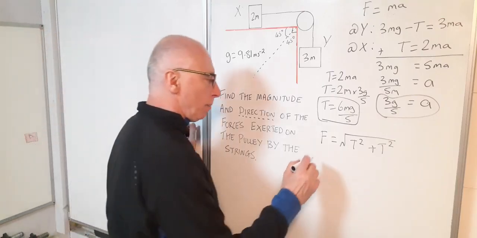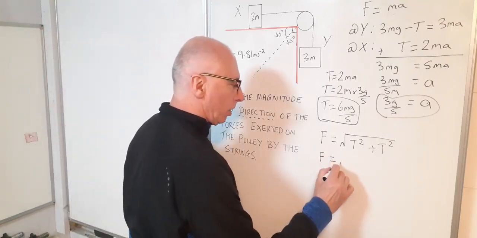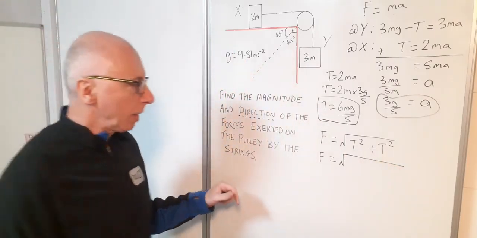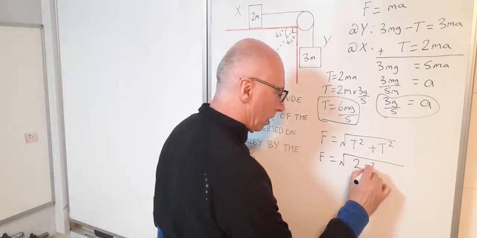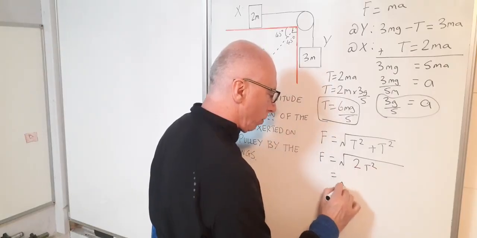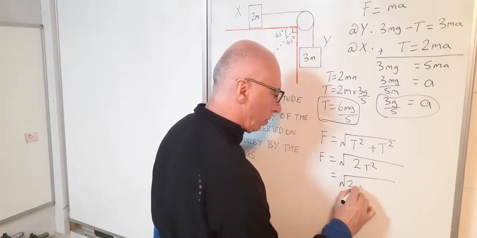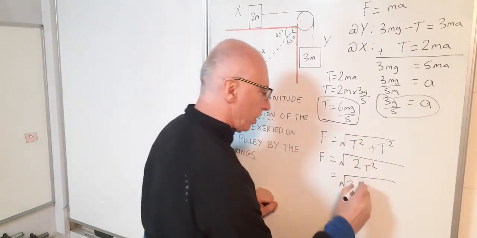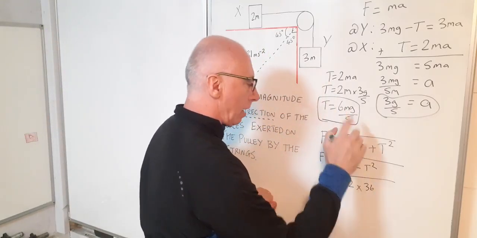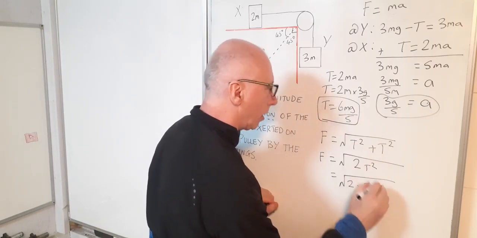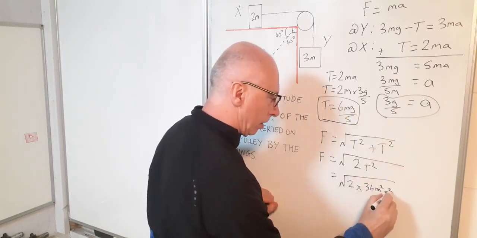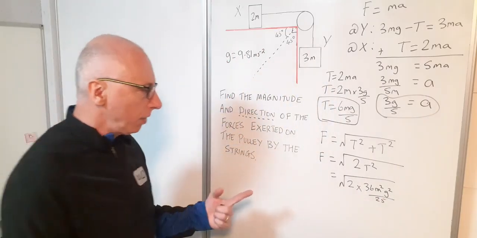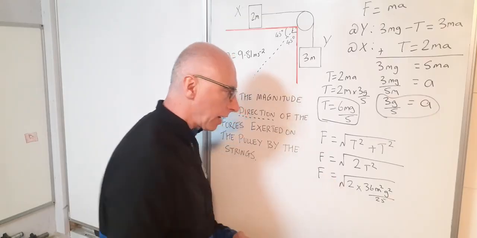So now the magnitude of my force would equal the square root of T squared plus T squared. So that's 2T squared basically. And then that equals the square root of 2 times, now what's this squared? So I'd have 36m squared g squared over 25.